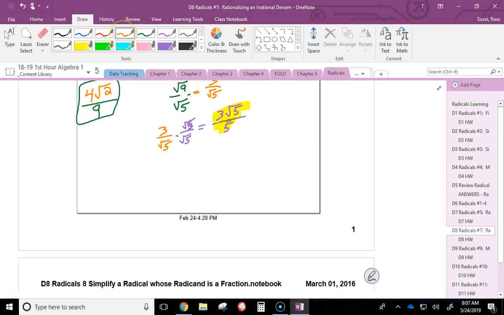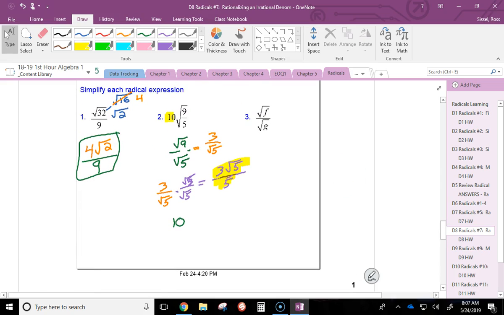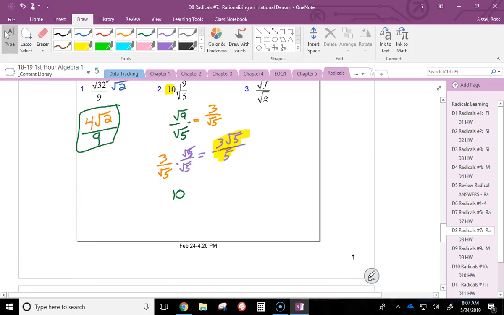So if I have 10 times 3 times the square root of 5, when I have 10 times 3 times the square root of 5, I will get what? 30 times the square root of 5.